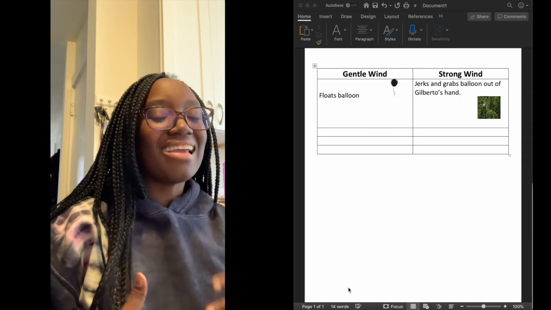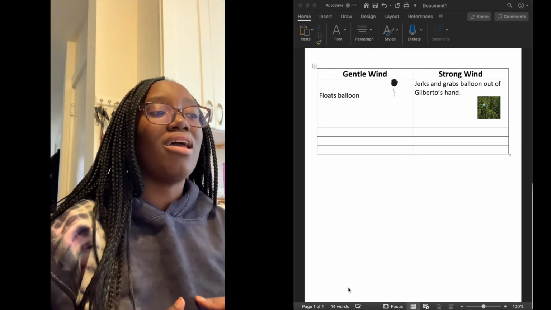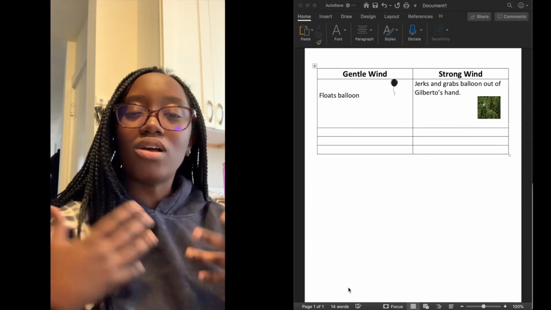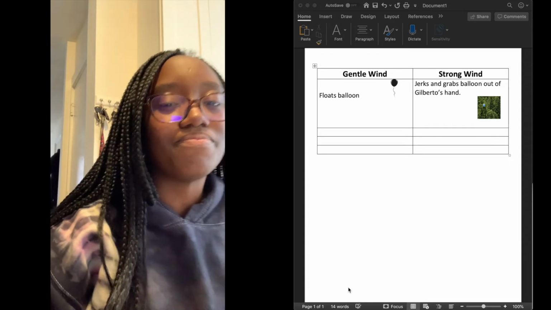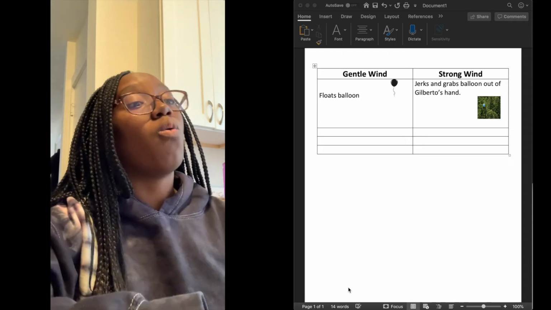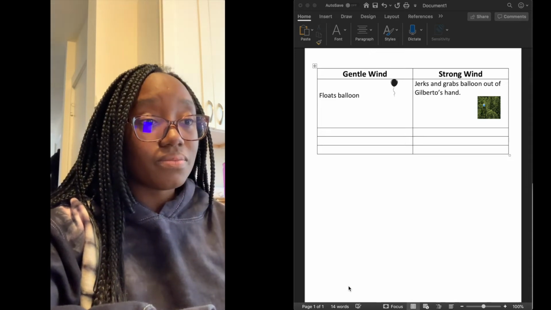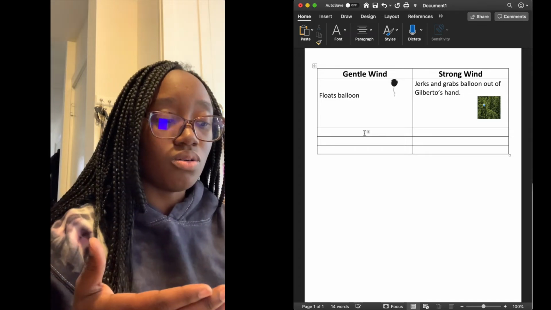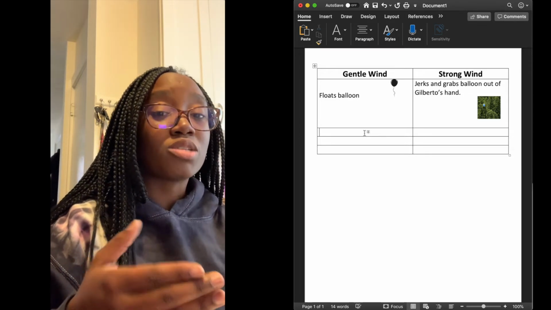Now, let's think about the page when Gilberto's talking about the wash on the line. How was the wind gentle at first? Let's think about it.